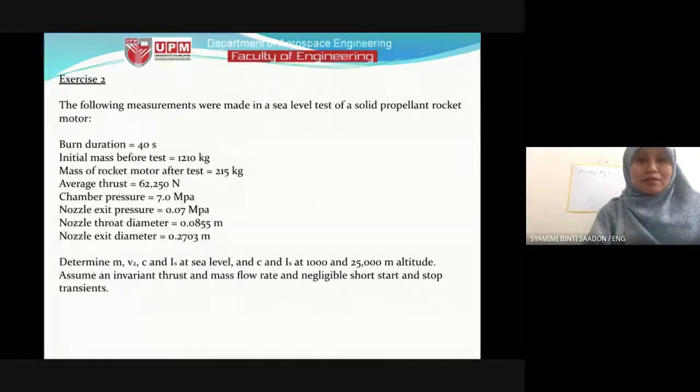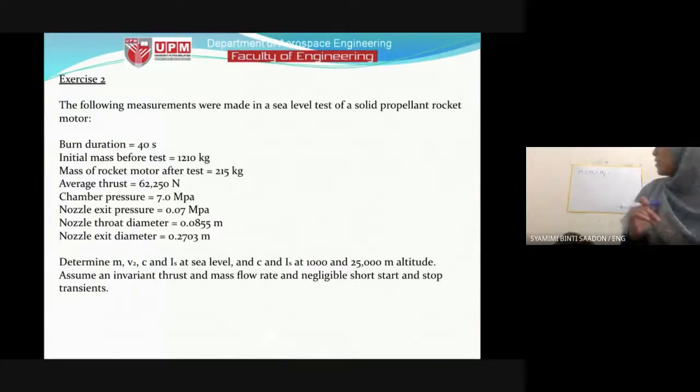The mass of the rocket, initial minus final: 1,210 minus 215. For those of you who just entered, we have already proceeded to exercise 2. Some of the parameters I've already explained just now.